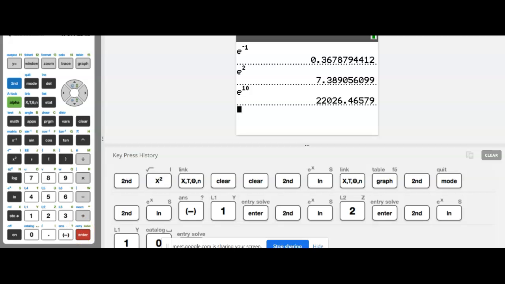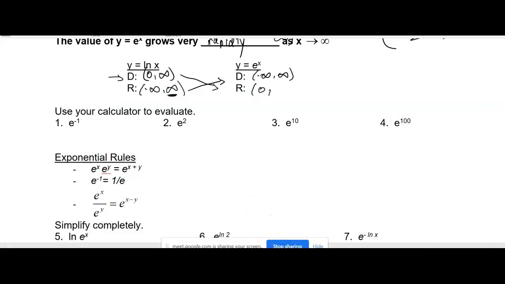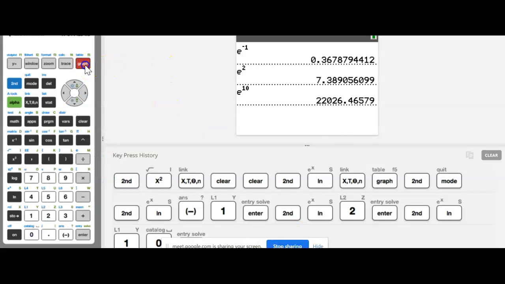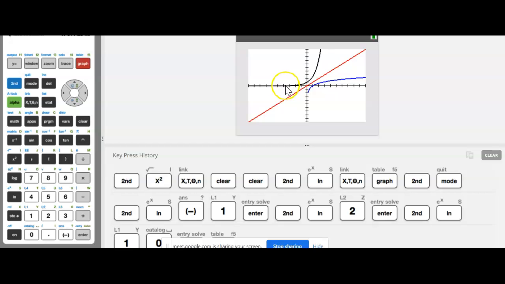If I were to go to my graph right now on my calculator, and I look at this exponential curve right here, if I want to see the black graph over here at the x value of 10, I better be up here at 22,026. So huge, at an x value of only 10.